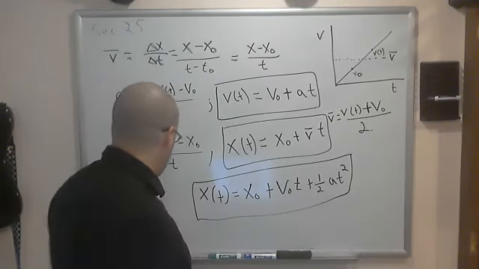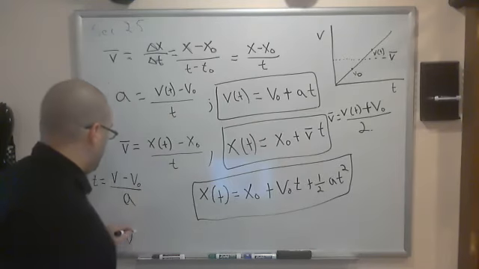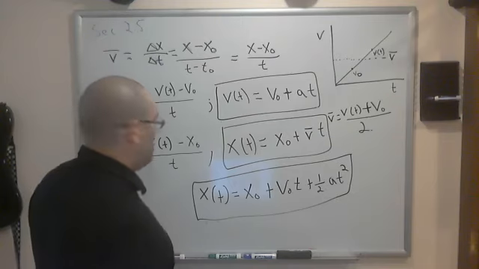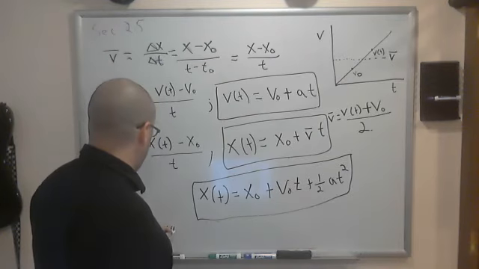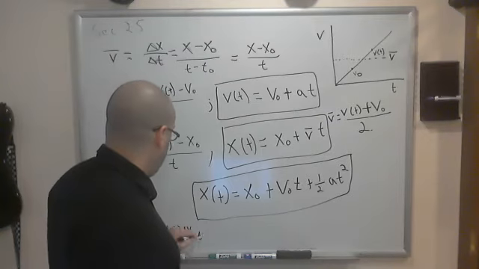so I'll write it at the bottom. We'll start over here again, and we'll have v(t) plus v naught over 2 times t.